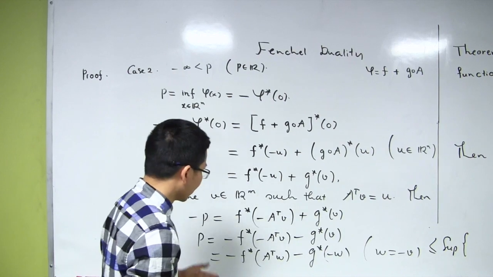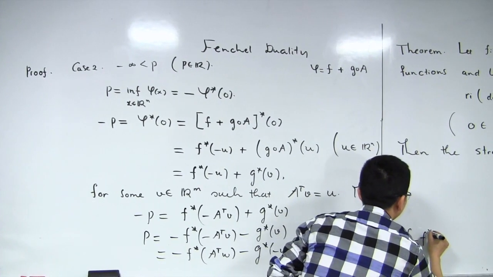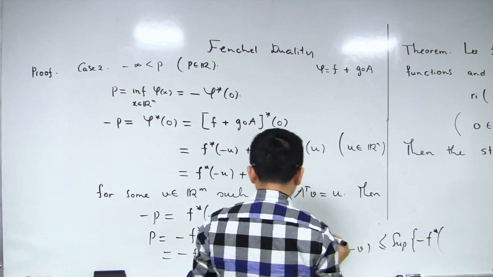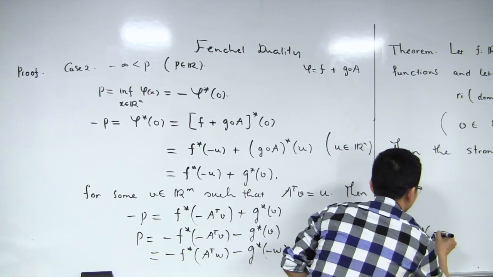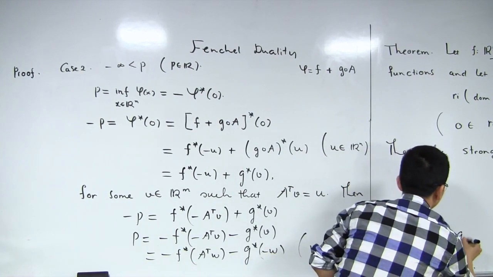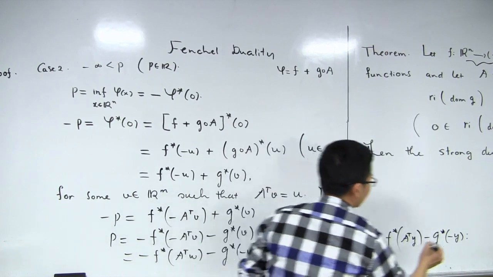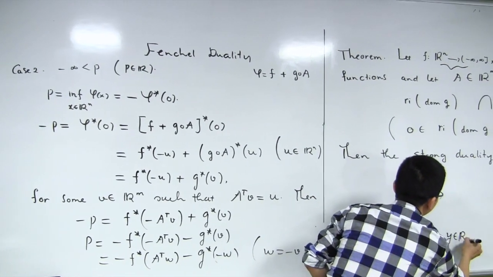This is always less than or equal to the supremum of minus f star of A transpose times y minus g star of minus y, where y runs in R^m.